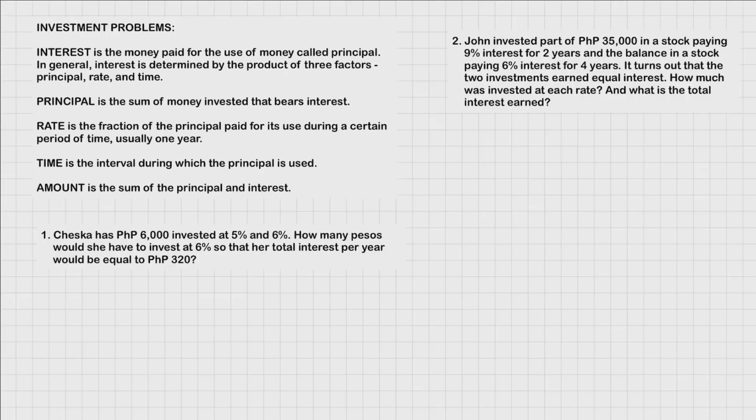Alright, solving this problem, we're going to let x be the amount invested at 5%. And 6,000 minus x would be the amount invested at 6%.